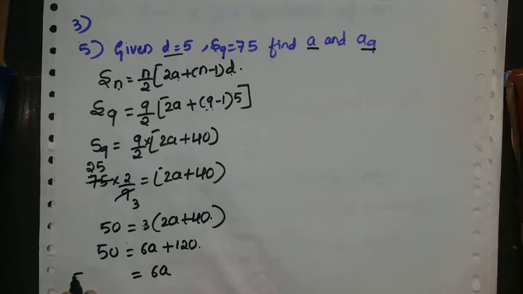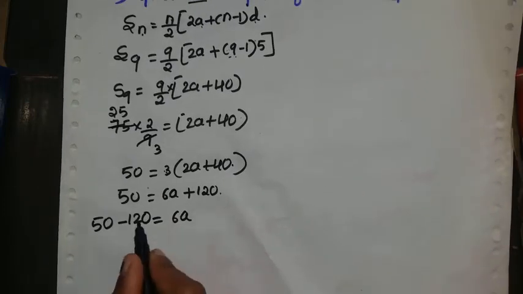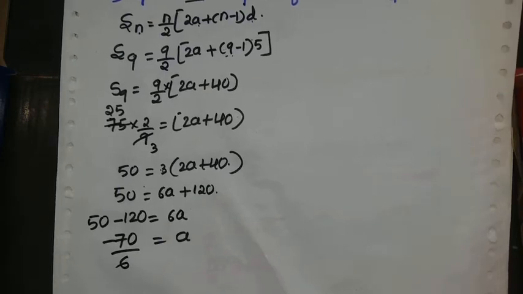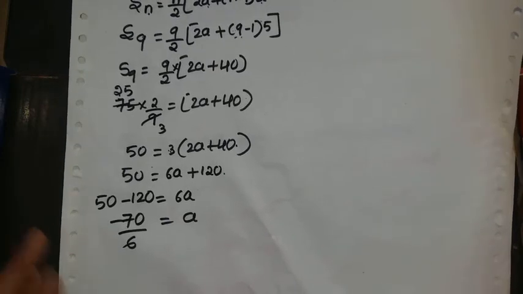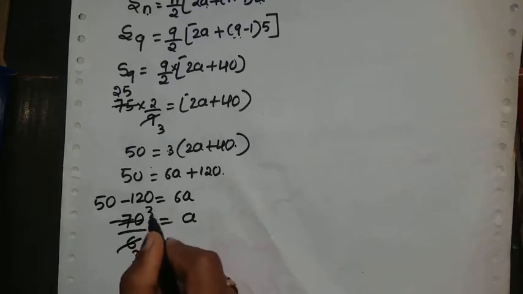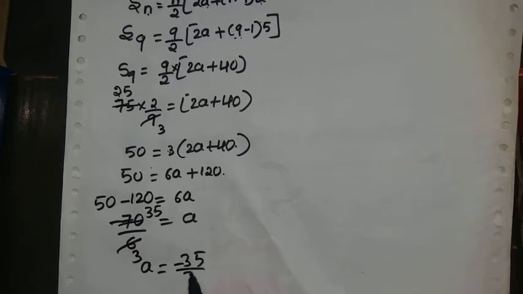Then 50 minus 120, we need to subtract 120 minus 50, this is equal to minus 70 equals 6a. Dividing by 6, this is nothing but 2 thirty-fives. So a equals minus 35 by 3.